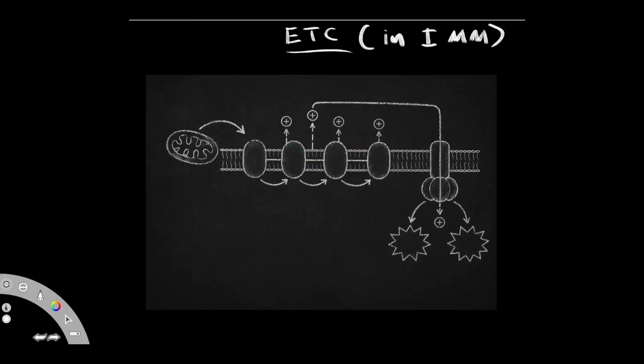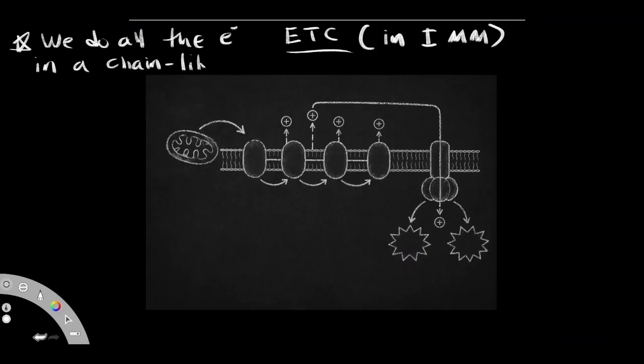And I just want you to remember here on the side, we do all the electrons in a chain-like fashion, what we just demonstrated in the diagram. So not all at one time.